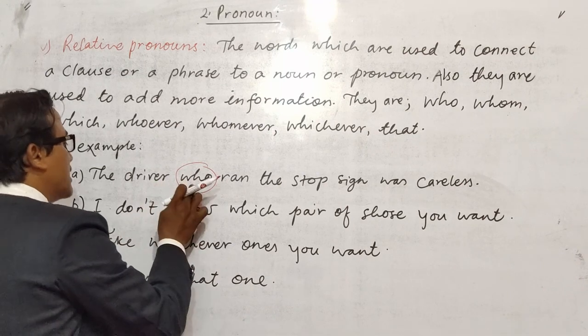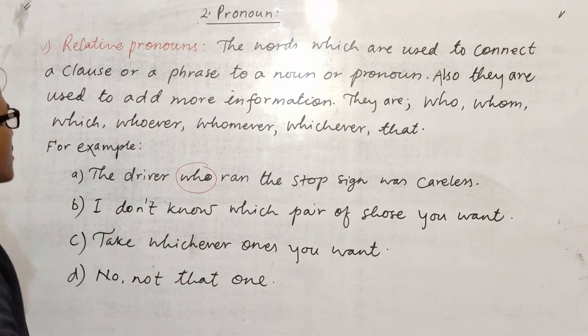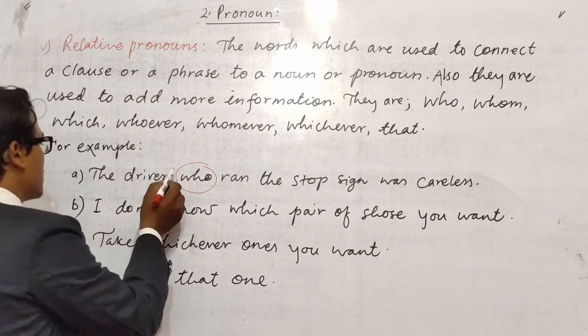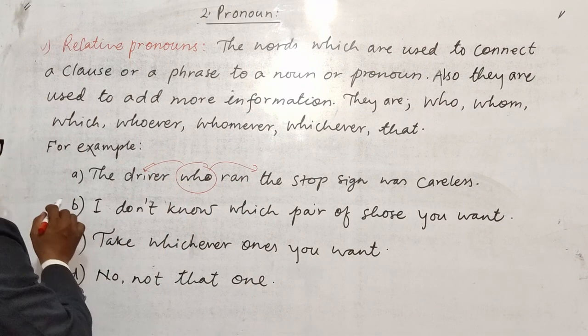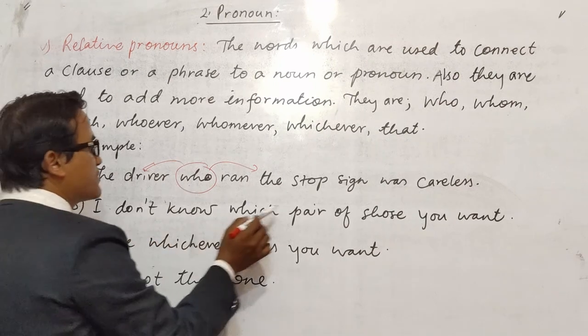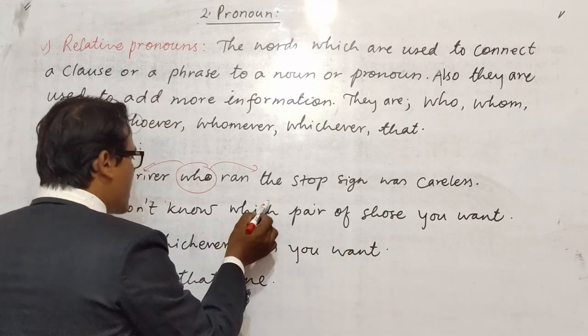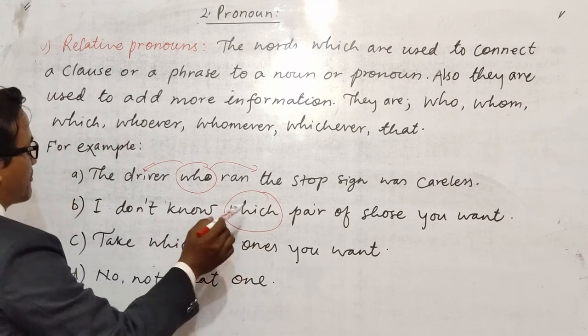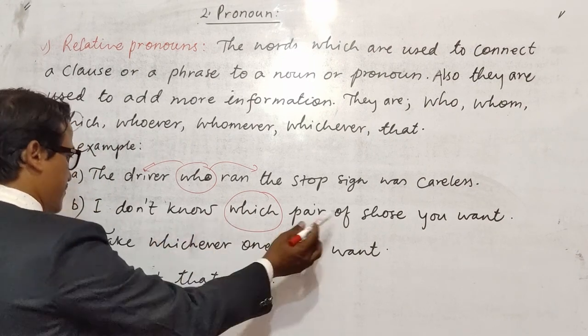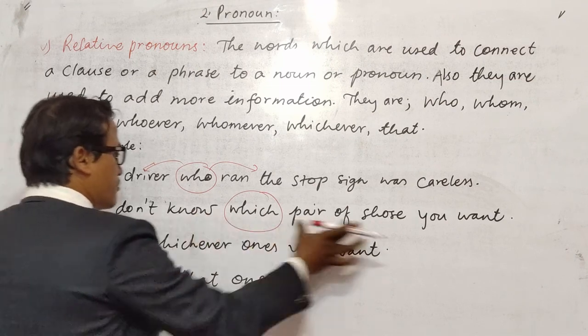So this is a relative clause. This who joins both. Okay, now next: I don't know which pair of shoes you want. Here the word which is a relative pronoun because it relates both phrases, both clauses.